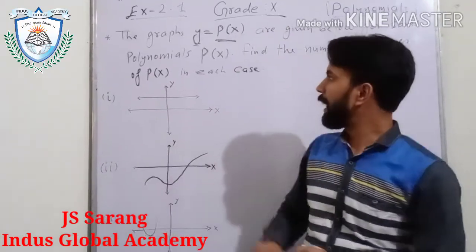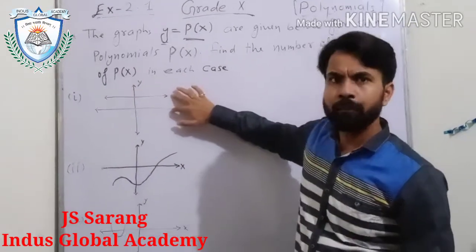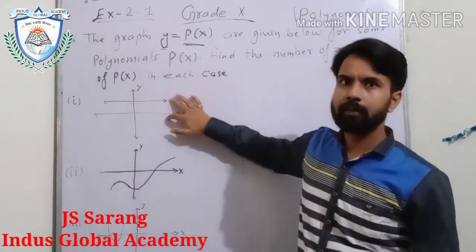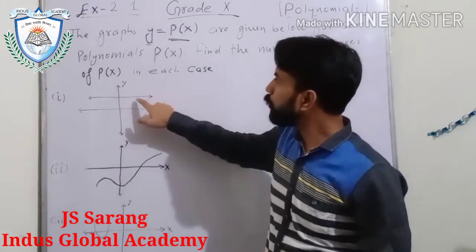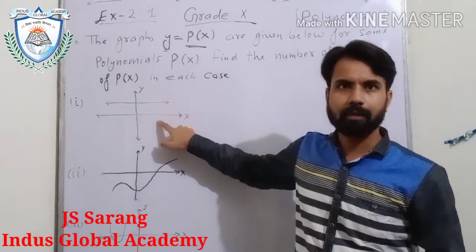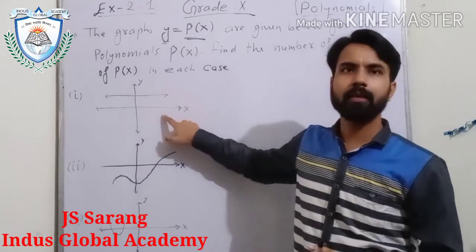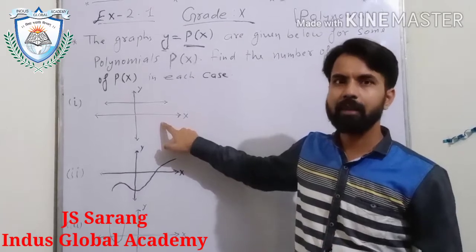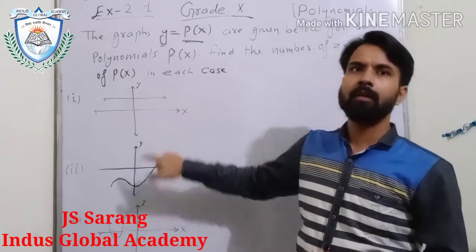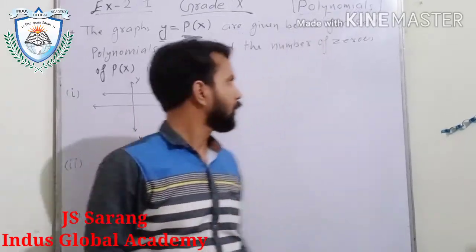So there is no intersection point of this line and the x-axis. That means this polynomial has no zero. Understood? So what is the answer for that?